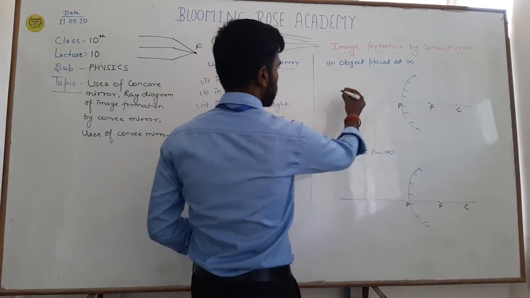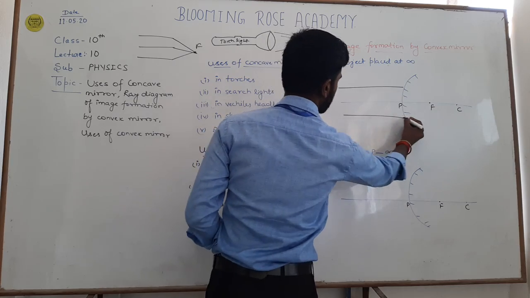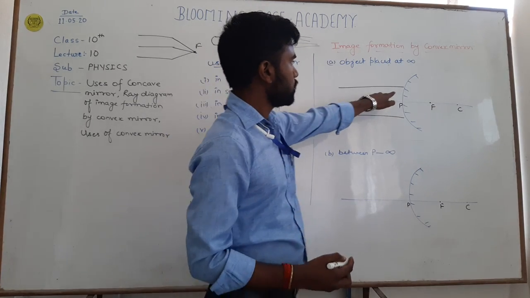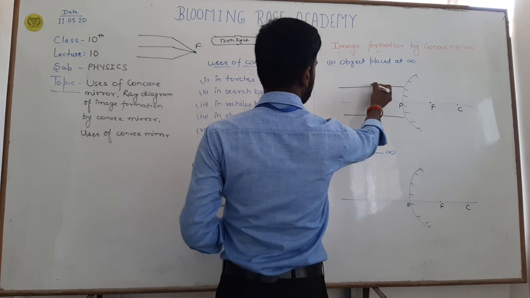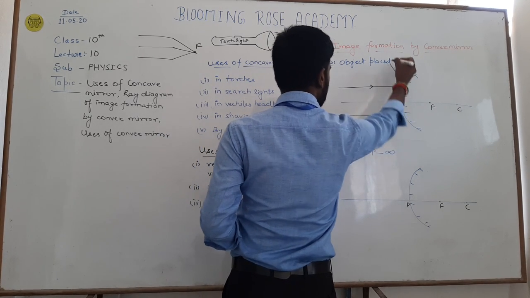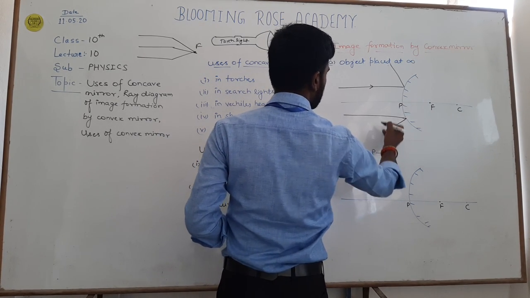When a parallel beam of rays is incident on the surface of the convex mirror, after incidence they diverge from here.